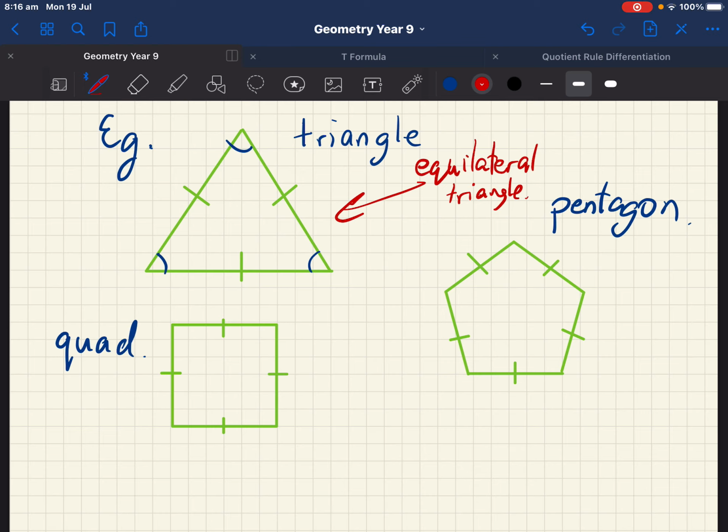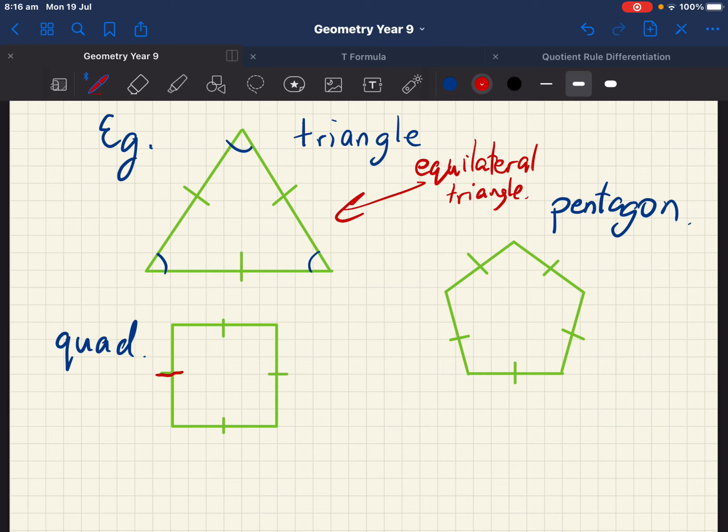The next one beneath that is a quadrilateral. Now this is the regular quadrilateral because we can see all sides are the same, all angles will be the same. And if you're wondering, how do we know all sides are the same? They look the same, but how do we know? Again, the clue is in this dash. This side here has a single dash.